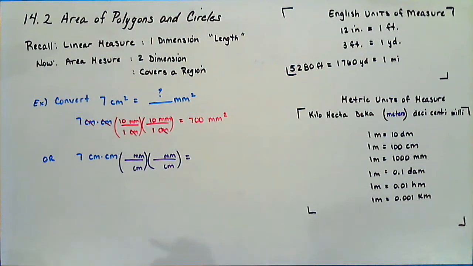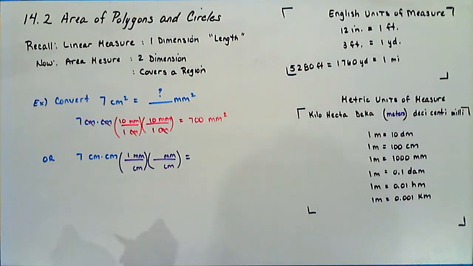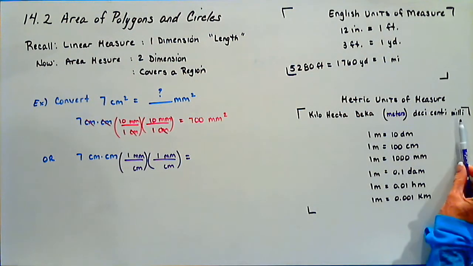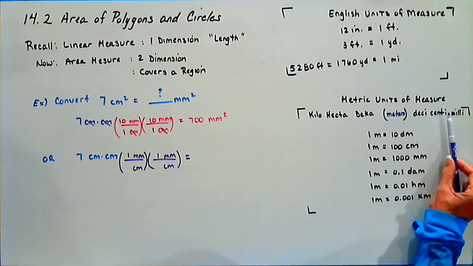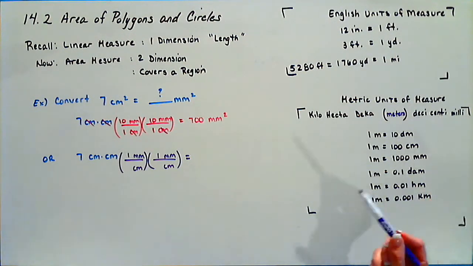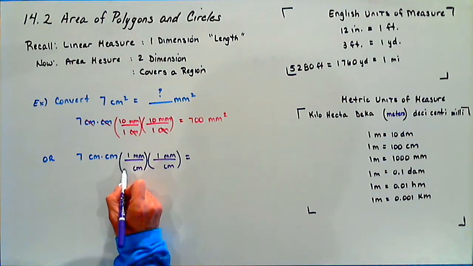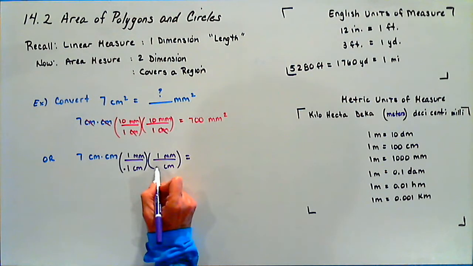But let's say instead you went, okay, I would rather go, how many centimeters are in 1 millimeter? So if I start at milli and I want to change it to centi, I'm going to move my decimal 1 to the left. So if I'm starting at 1 millimeter and I need to go 1 to the left, this would be 1/10 of a centimeter.